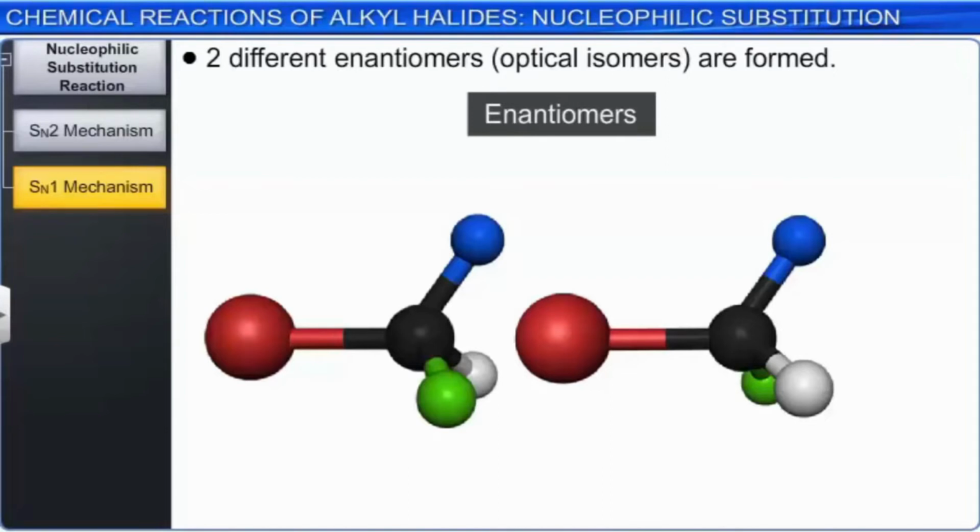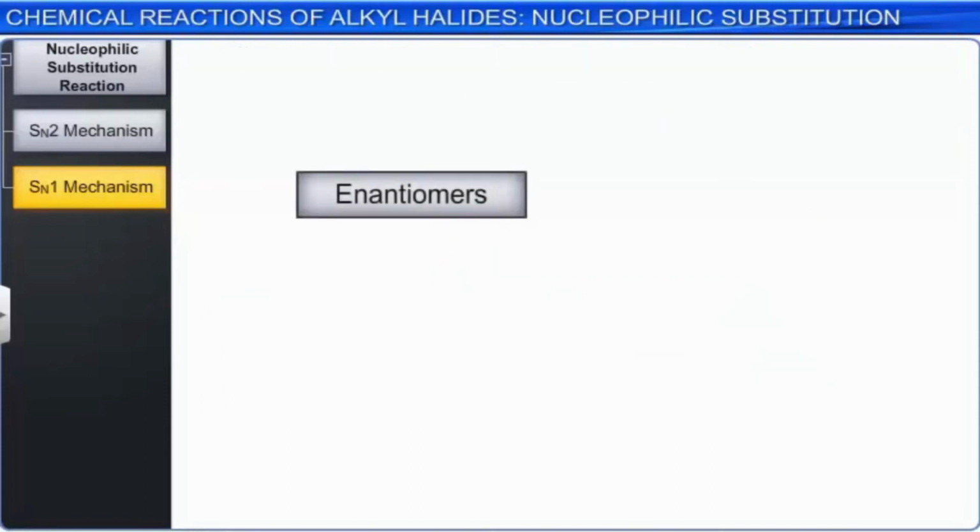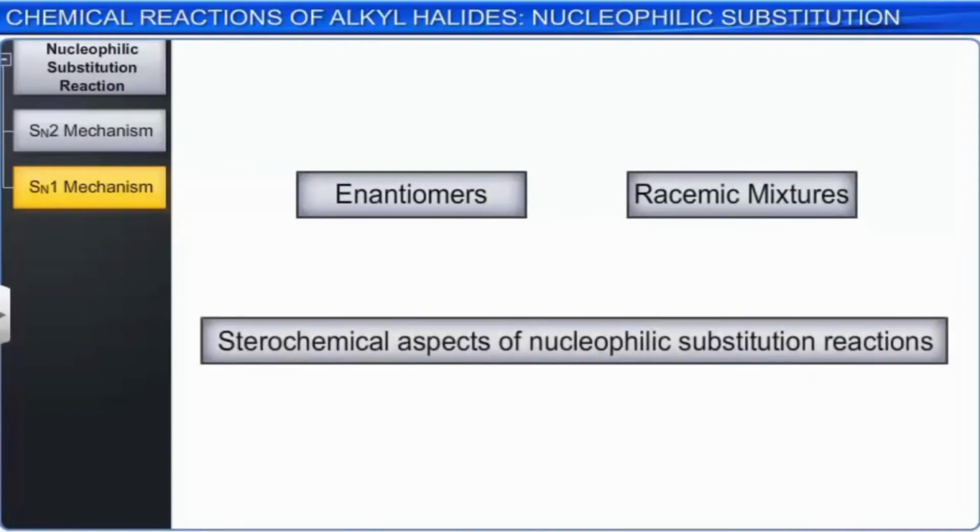This is called racemization. And such 50-50 mixtures are called racemic mixtures. You will learn more about terms such as enantiomers and racemic mixtures, as well as about the stereochemical aspects of nucleophilic substitution reactions in the next module.